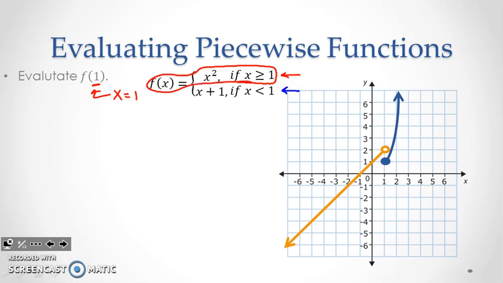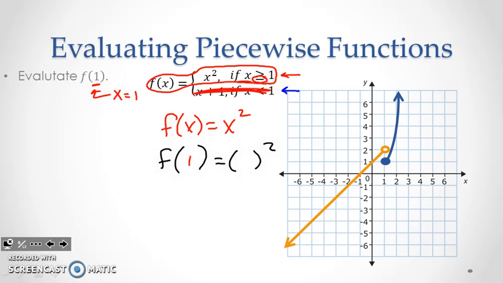This is the one I want to pay attention to because that's where 1 is included. So I'm going to use f of x equals x squared and forget about the bottom one. That gives f of 1 equals 1 squared, which is just 1.